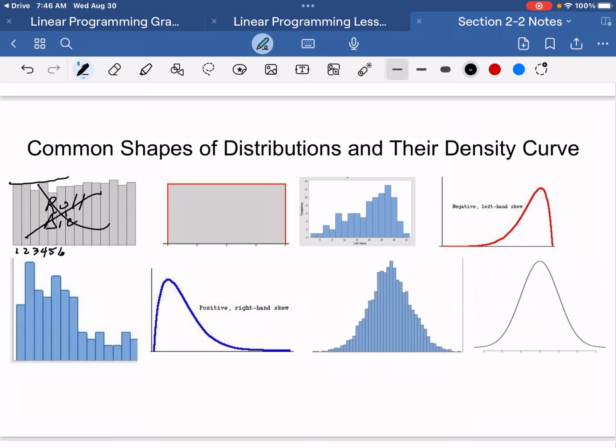I don't feel like drawing this histogram. I know what the histogram would look like. It would look like a rectangle, if you will. And this is what's called a uniform density curve. So, in other words, it's a representation of a histogram that has roughly equal bar heights.